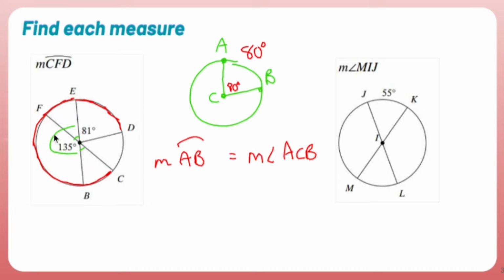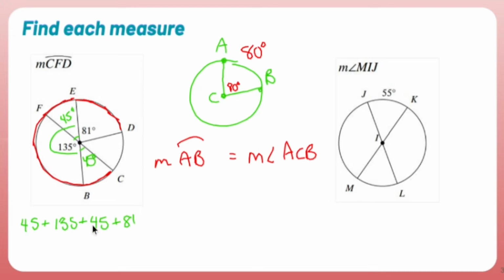And if these two angles are 180 degrees, then this one is 45, which also means, by vertical angles, this one is 45. So the measure going from C all the way around to D is going to be 45 plus 135 plus 45 plus 81.